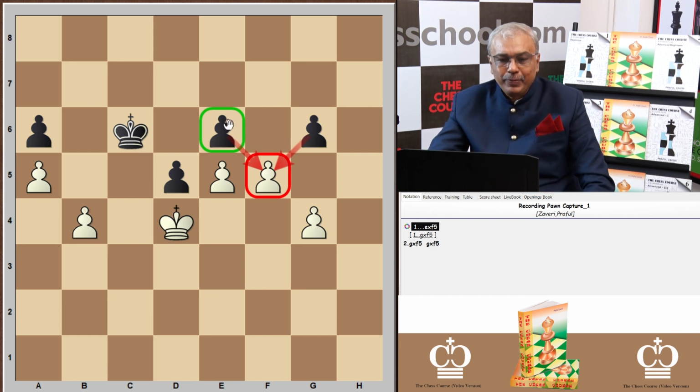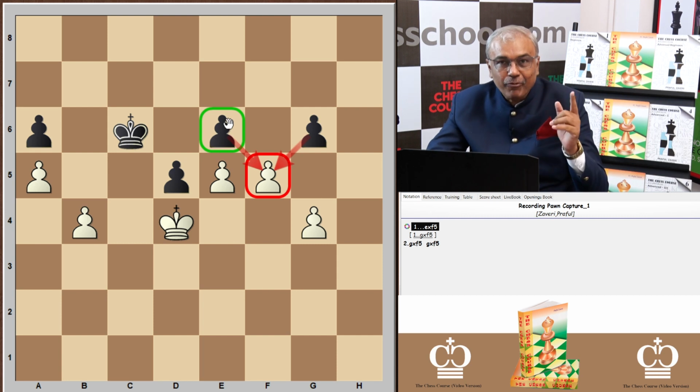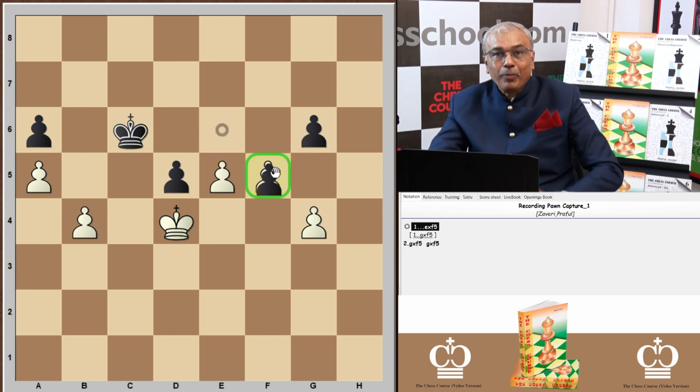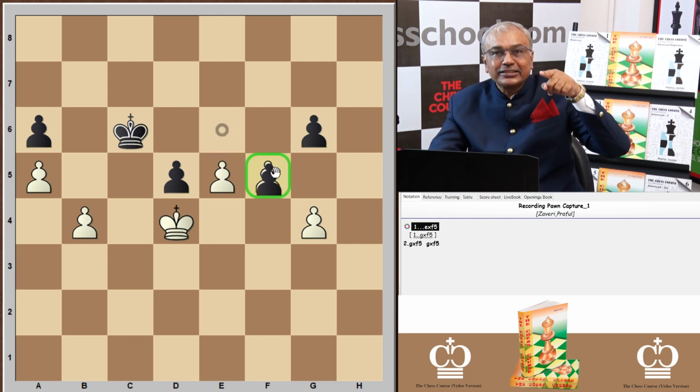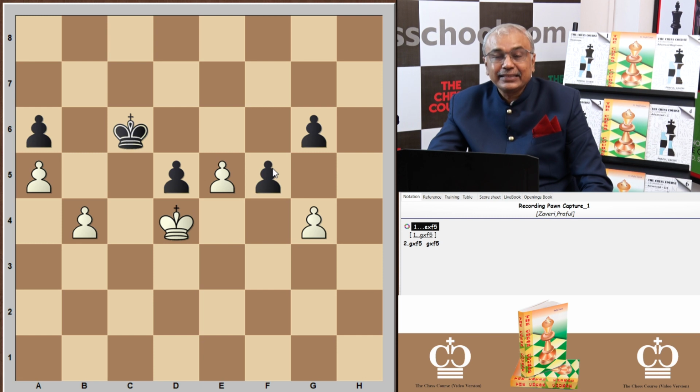So the notation would be E, that is, the file from which the pawn departs. We don't write the square name, we don't write E6, only E, followed by x, the small sign indicating a capture, and then the square on which the capturing is done, that is E captures f5.